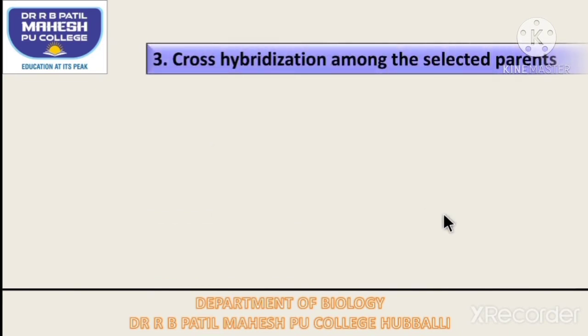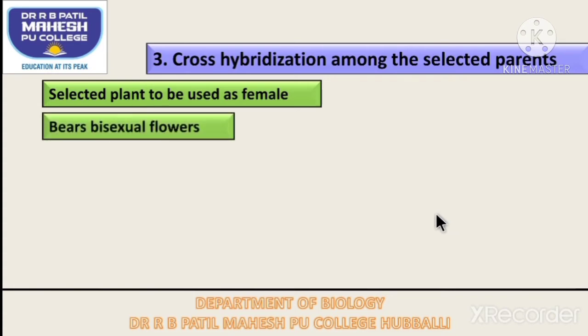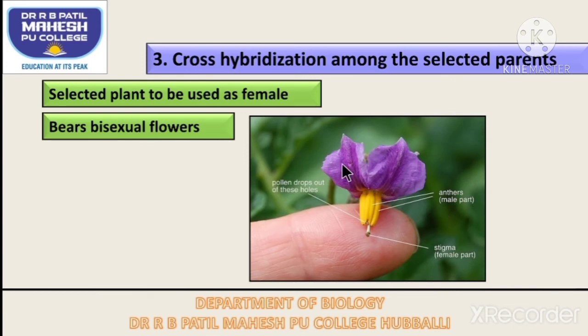Third step is cross hybridization among the selected parents. Selected plants will be made, one plant as a male and another plant as a female. To use a selected plant as a female, we usually make use of a bisexual flower producing plant like this.